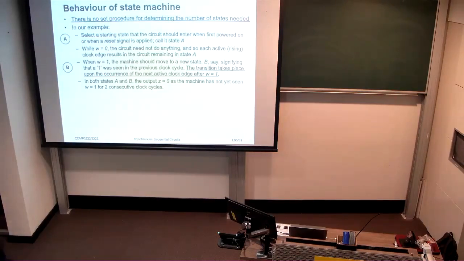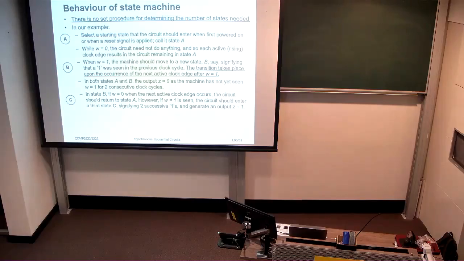But if we see a 1 instead, then we have to distinguish that from state B, because if we see a second 1 in a row, the one that led us into state B, and a second 1, then we want to know that that's the accepting case where we've just seen 2 1s in a row.